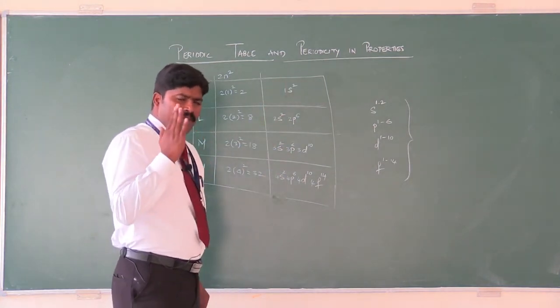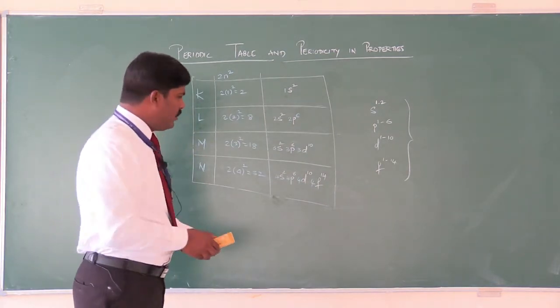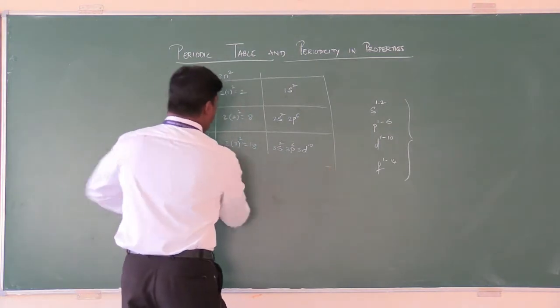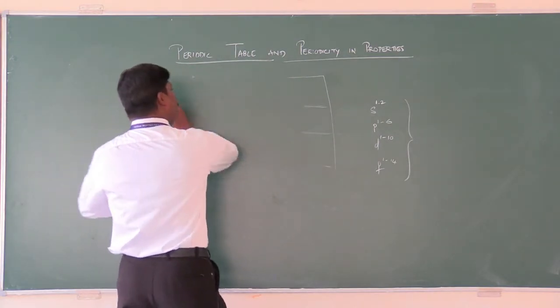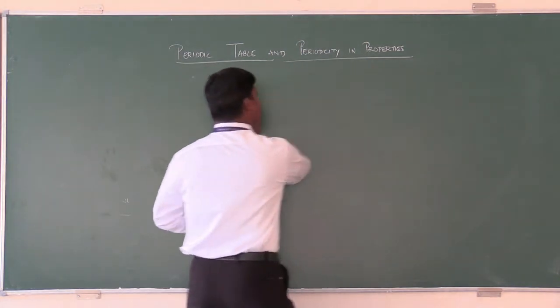I have given very briefly what the main shell and the subshell are. Now, what does the Aufbau principle say? Aufbau principle says electrons are added based on increasing orbital energy.